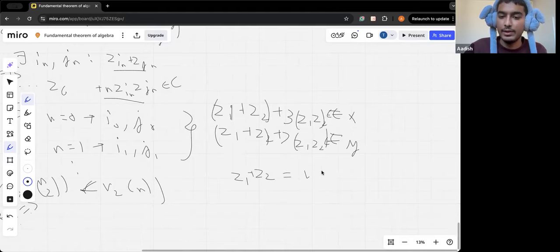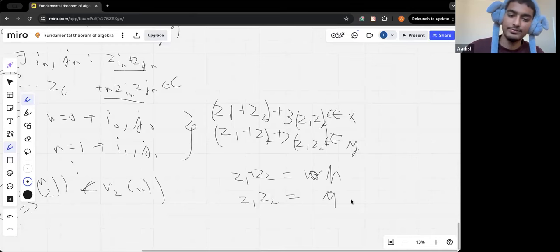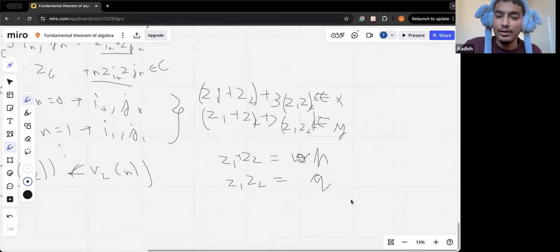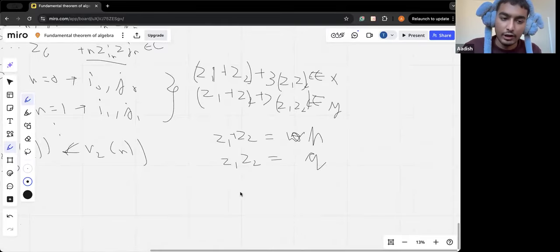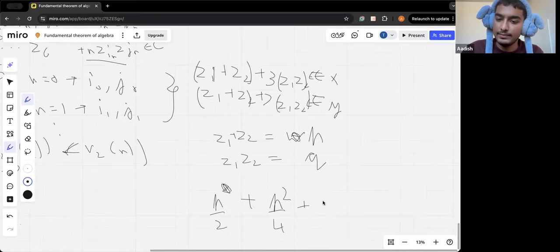Say you get P for z1 plus z2 and Q for z1 z2. Then by Lemma 3 we are done. But if you don't want to use Lemma 3, what I will tell you is this: just write this quantity, P by 2 plus the square root term.